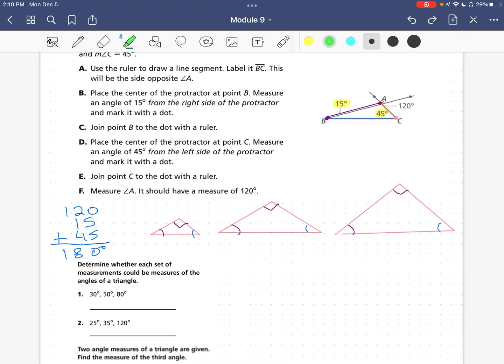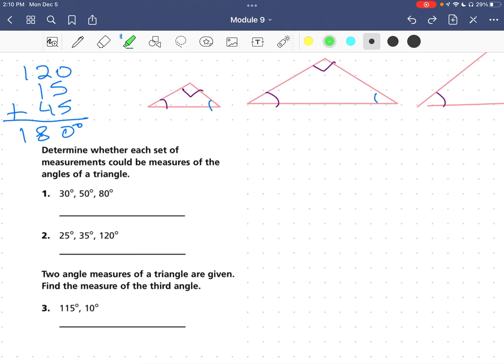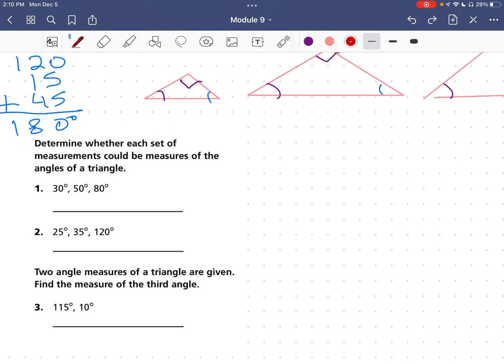Now, to go back to whether it is a triangle or not, determine whether each set of measurements could be measures for the angles of a triangle. So know that a triangle must equal 180 degrees. If it does not equal 180 degrees, it might be something like this, where you have a little angle and then one that maybe will go off this way.